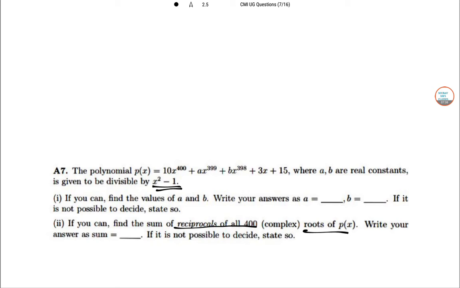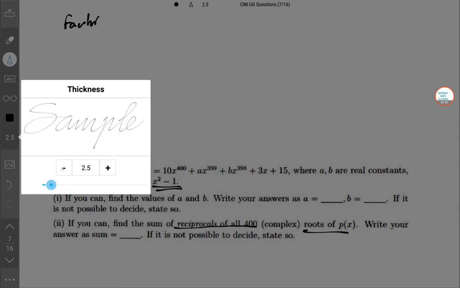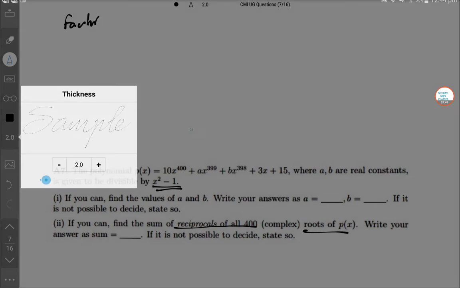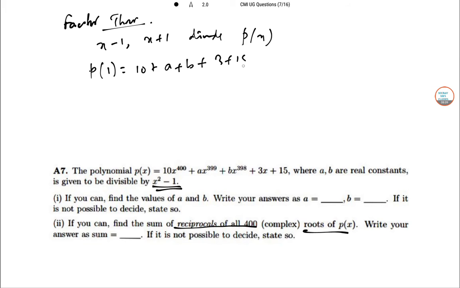Okay. So here we are using the factor theorem. So x minus 1 and x plus 1 both divide px. So we can write p of 1: 10 plus a plus b plus 3 plus 15 equal to 0.